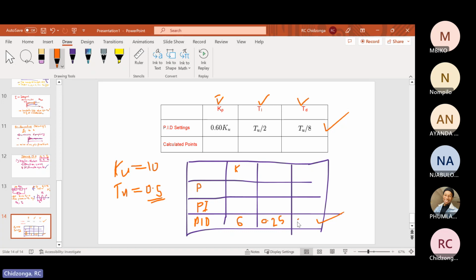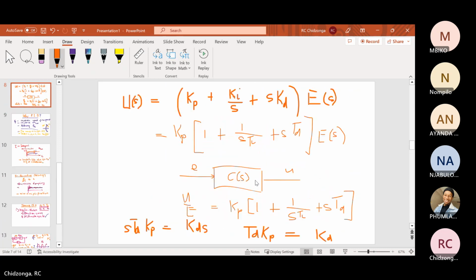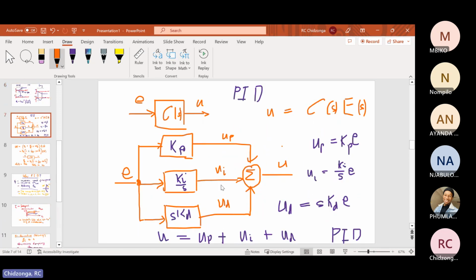It will be 0.0625. So these are the values that you come back and put here. So your KP now is 6. Your KI, whatever value from there, your KD, whatever value from there, right?